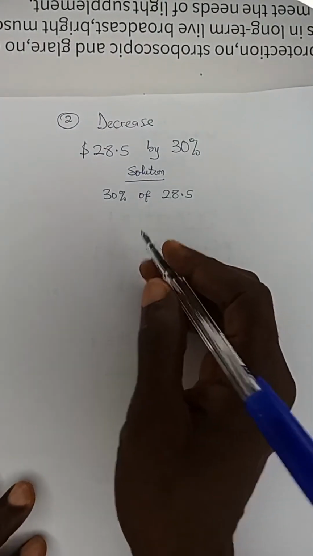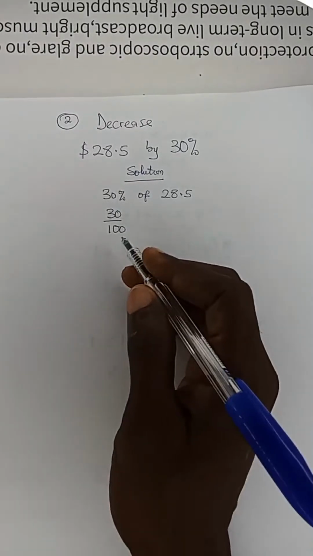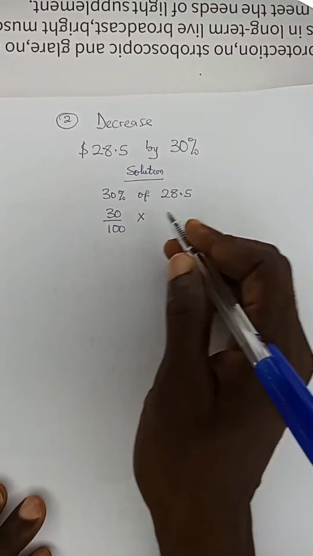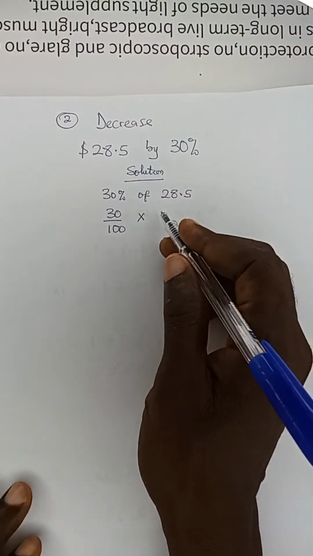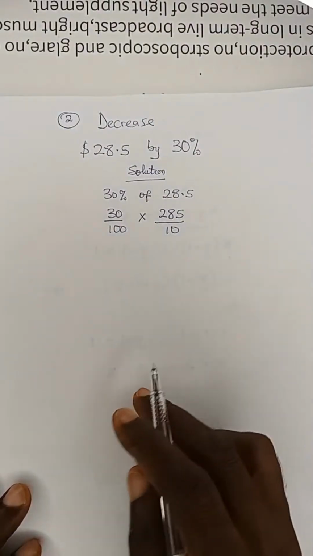And then how do you write 30%? Same thing as 30 over 100. 30 over 100 is 30%. Then of, it's times 28.5. Another way to write 28.5 is 285 over 10, because 285 over 10 will give us 28.5.